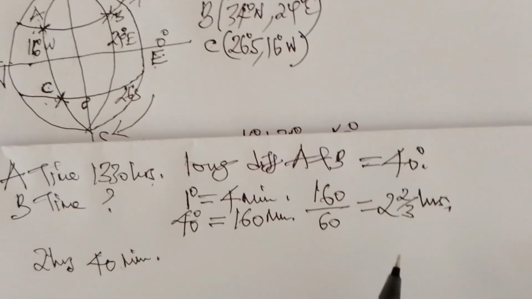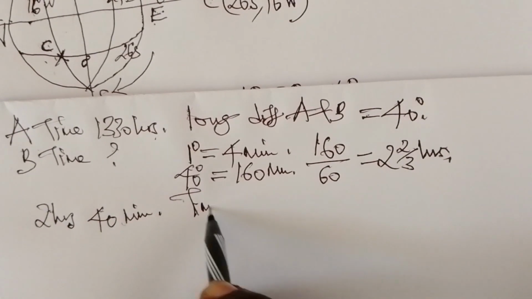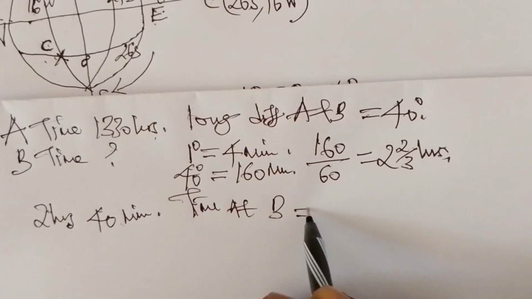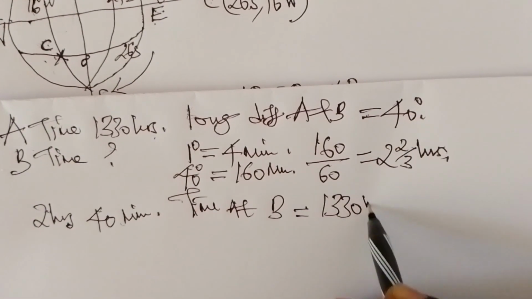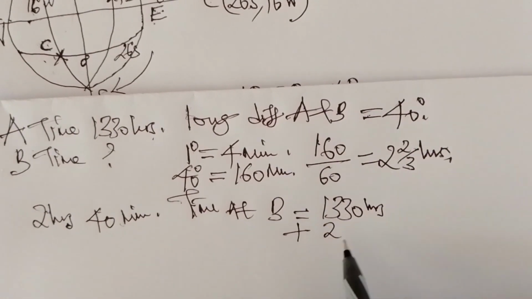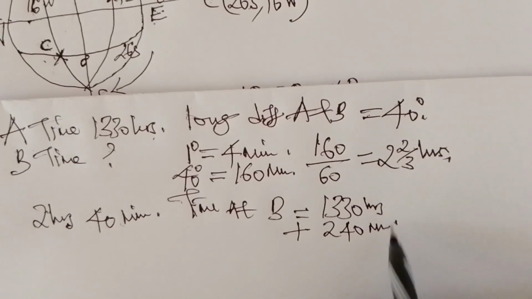So the time at B will be given by 13:30 hours plus 2 hours 40 minutes.